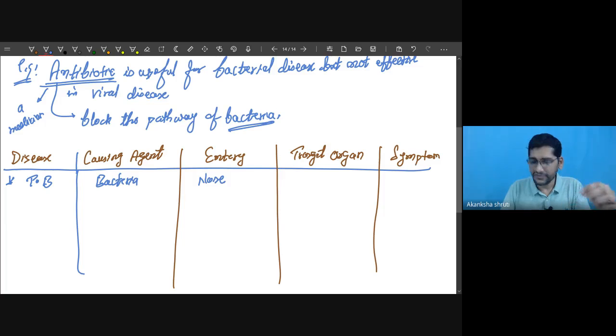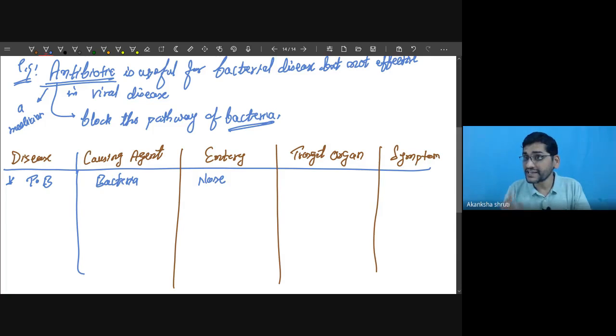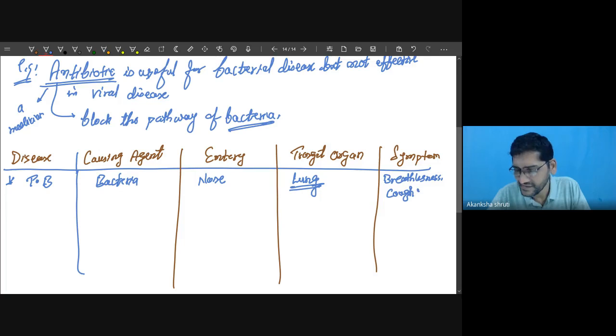The organ which is affected by this TB, which one? It is a respiratory disease. It starts with coughing and breathlessness. So which organ does it affect? It is the lungs. Okay, it is very important. You have to keep in mind. It is asked what is the target organ. Symptoms are breathlessness, coughing and fever. Sometimes fever also arises. So first one is this.